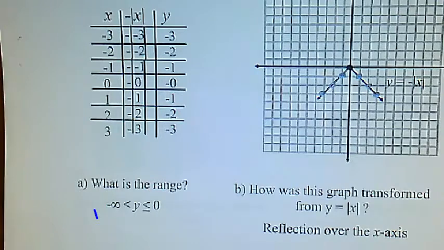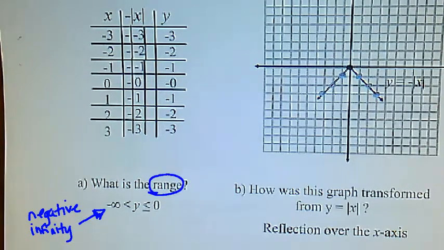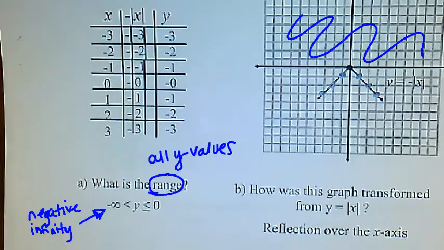So if you want to write that down, that's an arrow. Okay, so that is negative infinity. And again, this is just all y values. So because the graph can't go anywhere up here, it can only go down here, right?